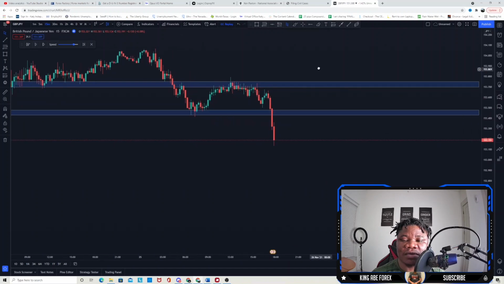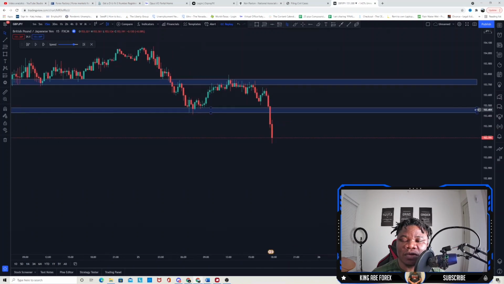So let's see where our entry will be. What we're waiting for, we've achieved. We're waiting for price to close below our most recent low, which is also our support zone. Once we have that, all we're waiting to see is a bearish candle. Once we see a bearish candle, we'll go ahead and get in the trade.